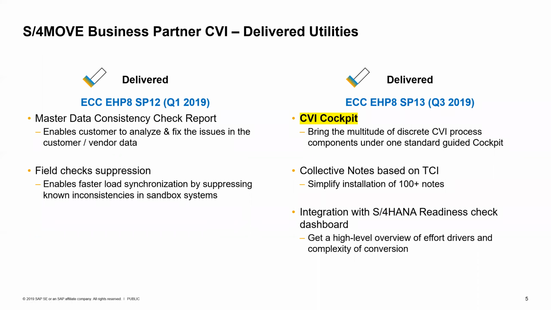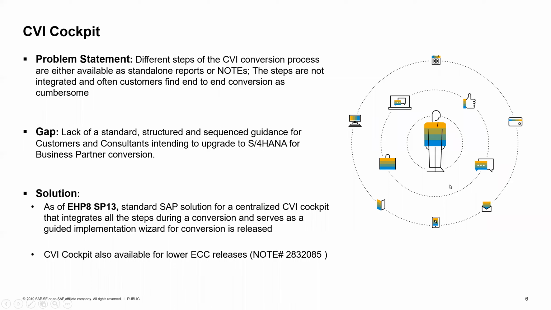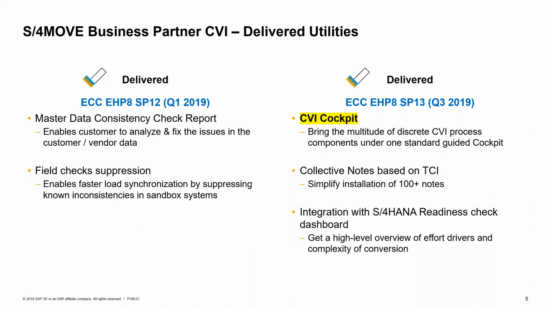Some of the additional value adds which are also delivered as part of the CVI cockpit, of course, we're going to run through this in the system, are also these collective notes based on the TCI, which is nothing but transport based correction instructions, which basically simplifies installation of 100+ notes at a single shot rather than having to implement each note one by one.